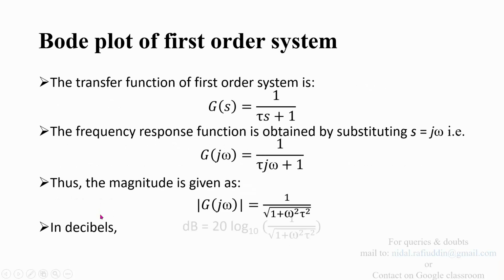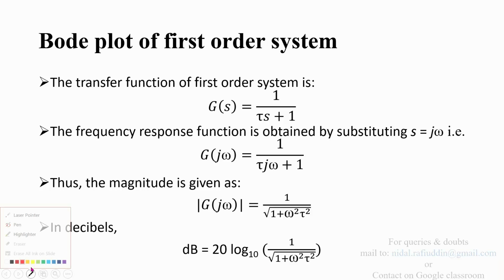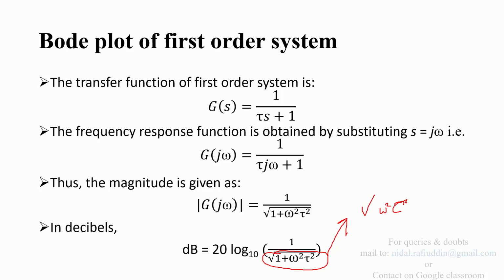If you again look at this particular expression, if you assume omega much greater than 1 upon tau, the term 1 will be negligible compared to omega square tau square, and thus the term under root 1 plus omega square tau square will reduce to under root omega square tau square.